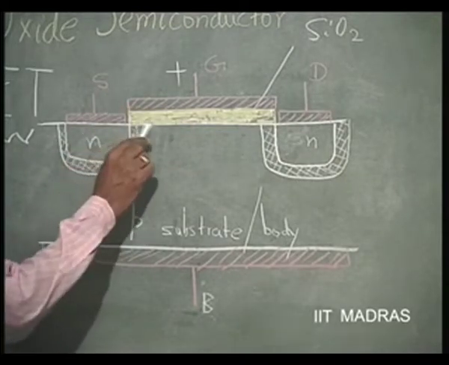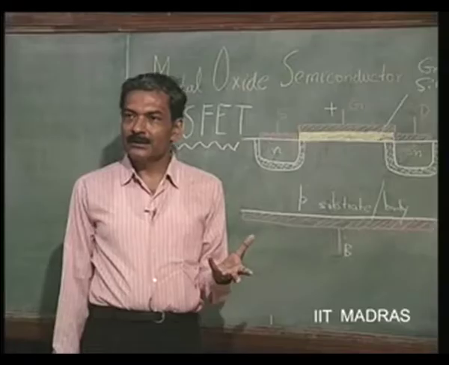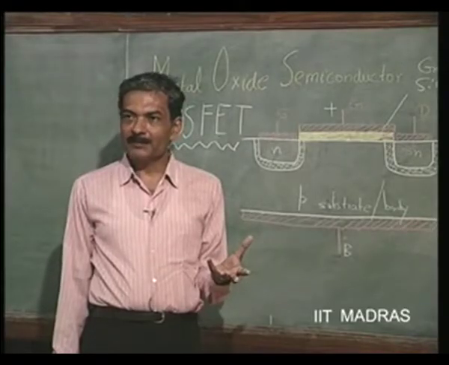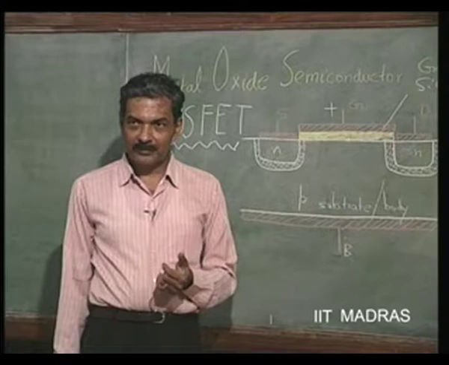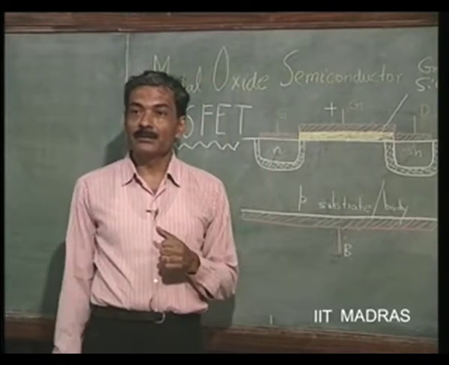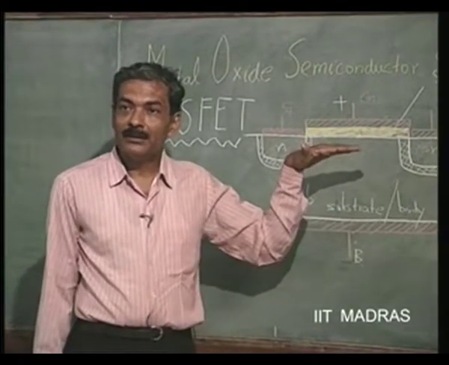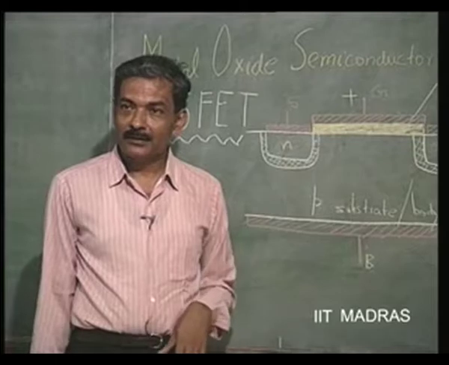So, you will have here negative charge induced. There will be a limited number of these mobile carriers, because they are minority carriers. You apply further voltage, what happens? Most of these mobile carriers will now come to the surface.